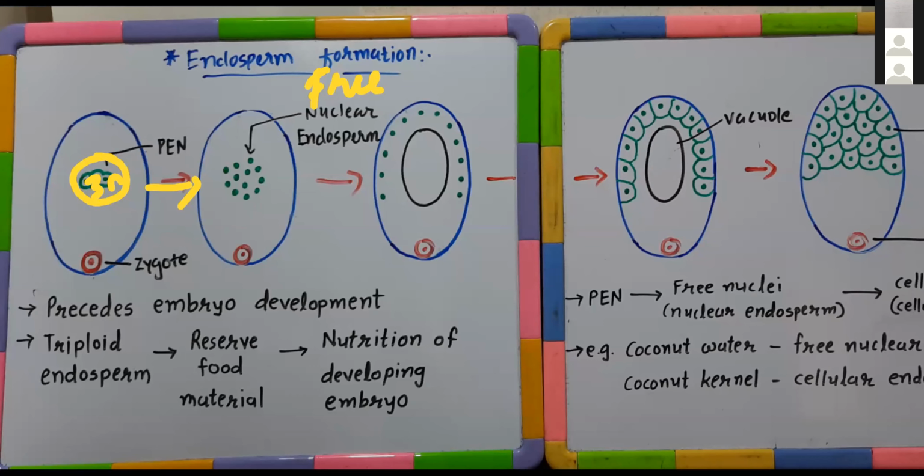And the kernel that you see at the periphery, the white kernel, the malai that you call, surrounding this water, the white color kernel, that is the cellular endosperm. The liquid is the nuclear endosperm and the kernel, the malai, represents the cellular endosperm. So that is how the endosperm tissue is developed within the seed.